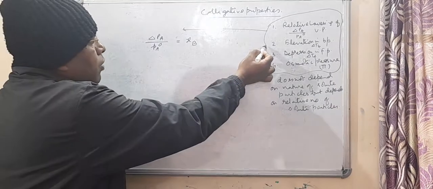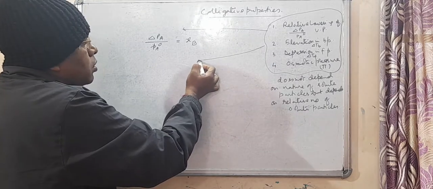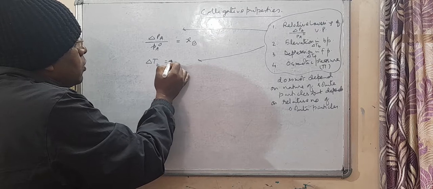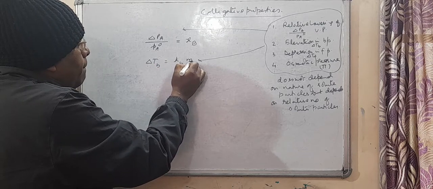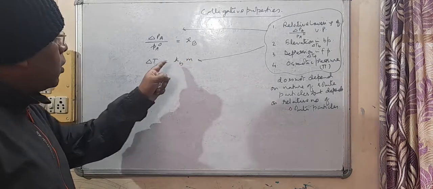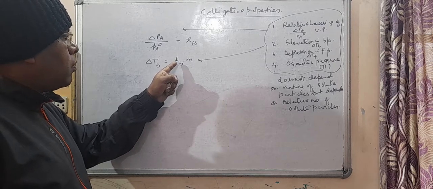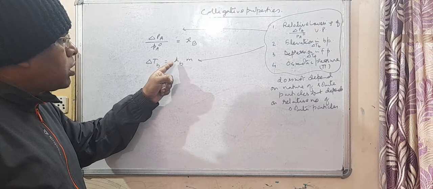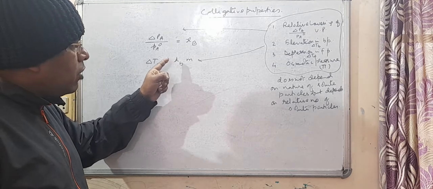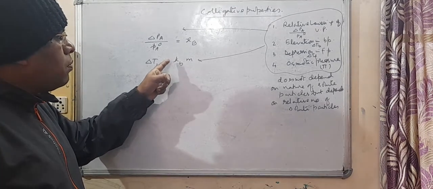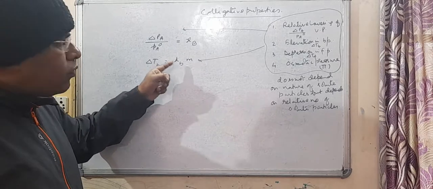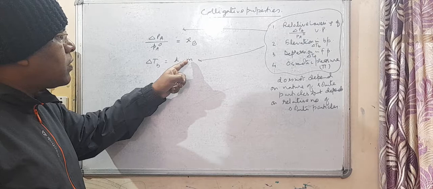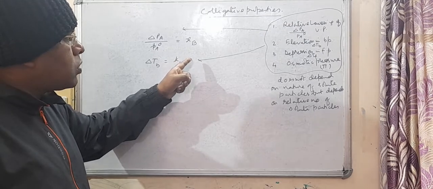Then the elevation in boiling point relation is delta Tb equal to Kb m, where Kb is called the molal ebullioscopic constant or molal elevation constant. This Kb has a different value for different solvents, and m stands for the molality of the solution.